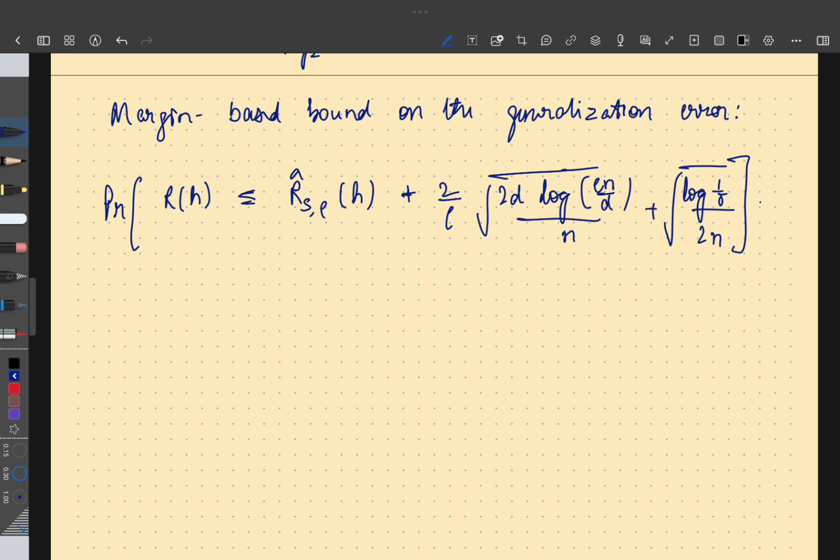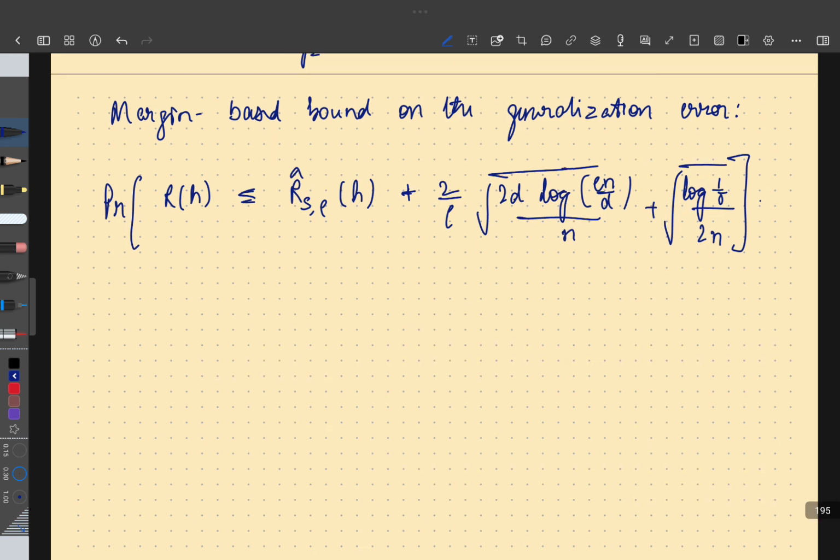So this probability, that this holds true for all h which can be written as a convex combination of base classifiers, any number of base classifiers, is greater than or equal to 1 minus delta.